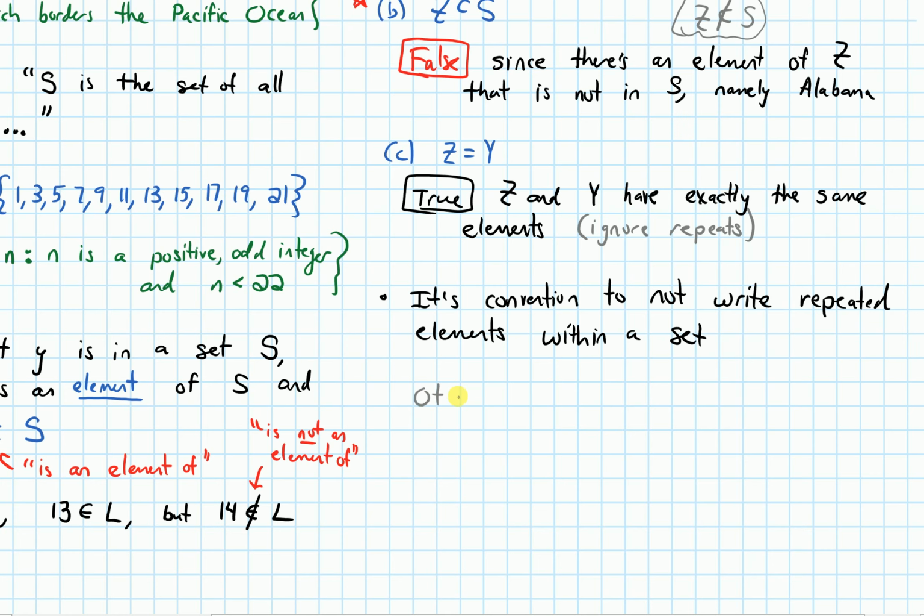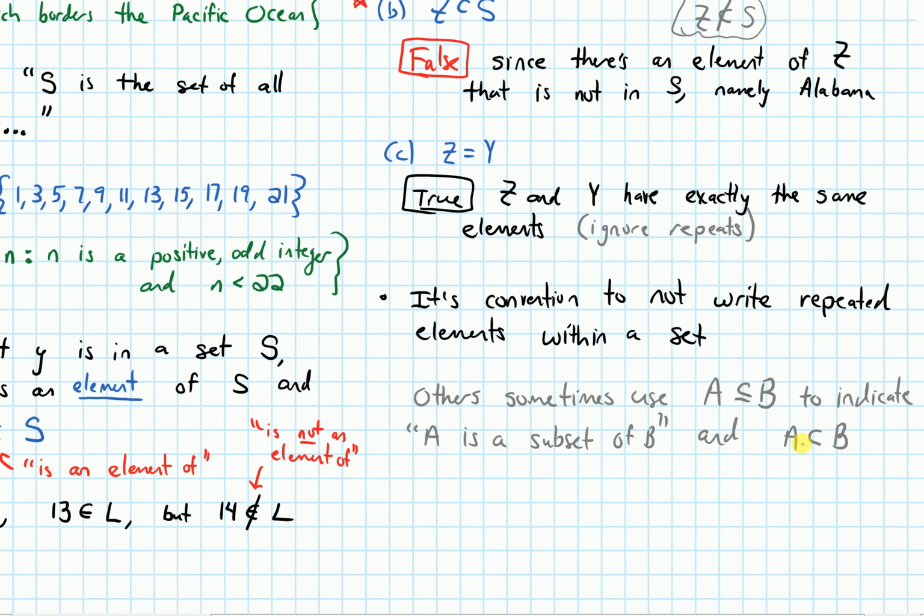Other math textbooks or other instructors sometimes use the notation A, we write the subset symbol, and we put a little line under it, and then write B to indicate that A is a subset of B. And they would write A, the subset symbol, and then B without that little line underneath it to indicate something slightly different.